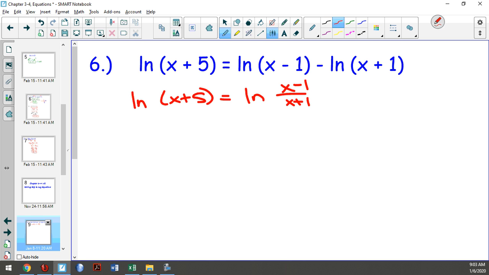You good? Okay, now, what can you tell me about that? What can we do now? If you cancel this out, we have x plus 5 is equal to x minus 1 over x plus 1.